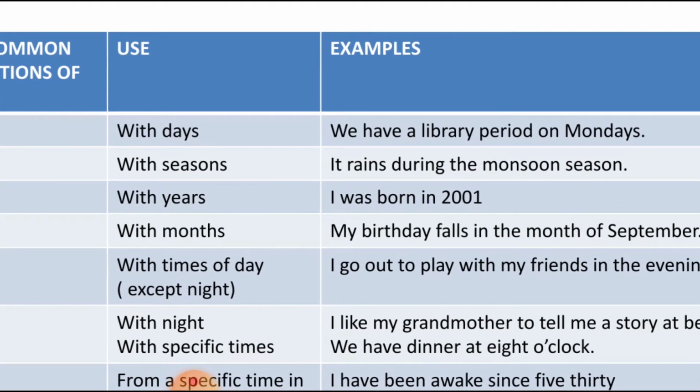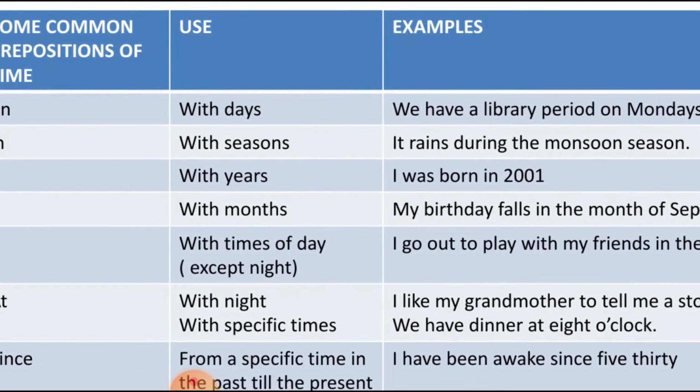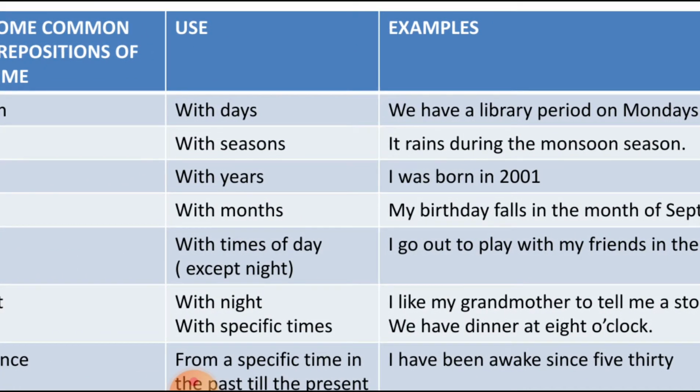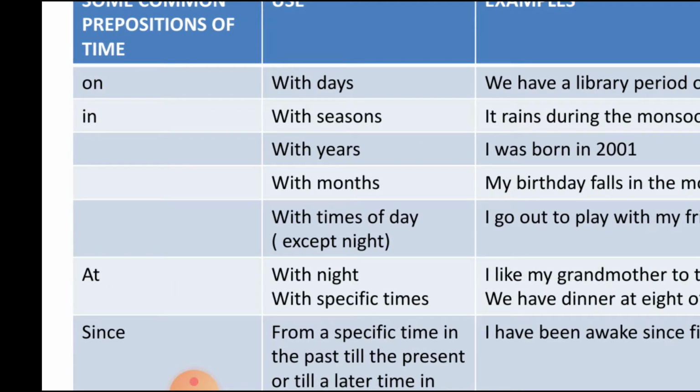It rains during the monsoon season, or it rains in the monsoon season. So here we use during or in. During and in are prepositions of time. With years, we use the preposition in.